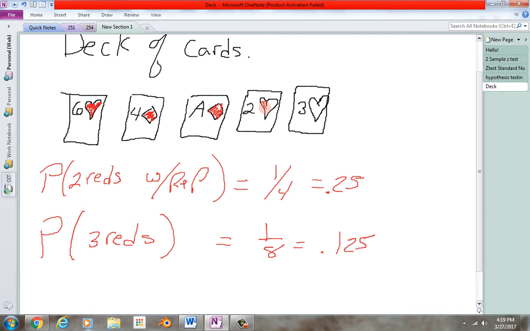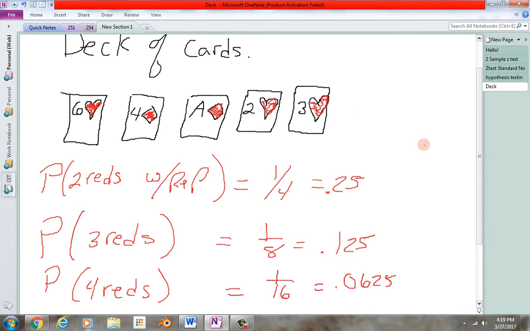After the 4th card, though, is where people should start saying something. But I've shamed them so much that they won't say anything at this point. That's 1/16, which is 0.0625. Okay? The 5th card, finally, somebody usually says, that seems weird, Jay.